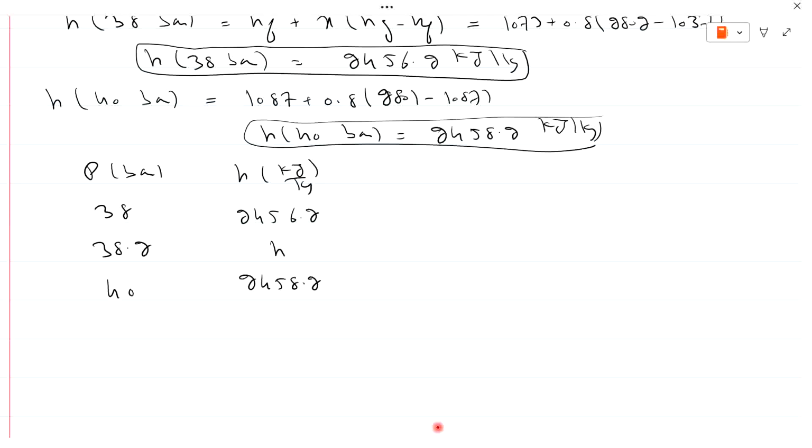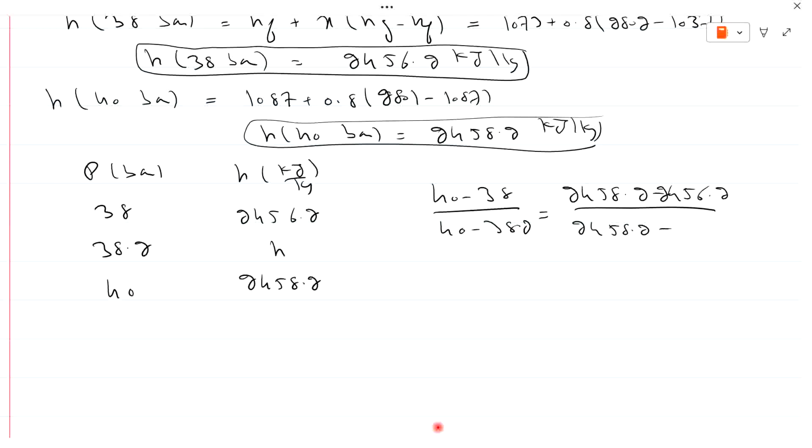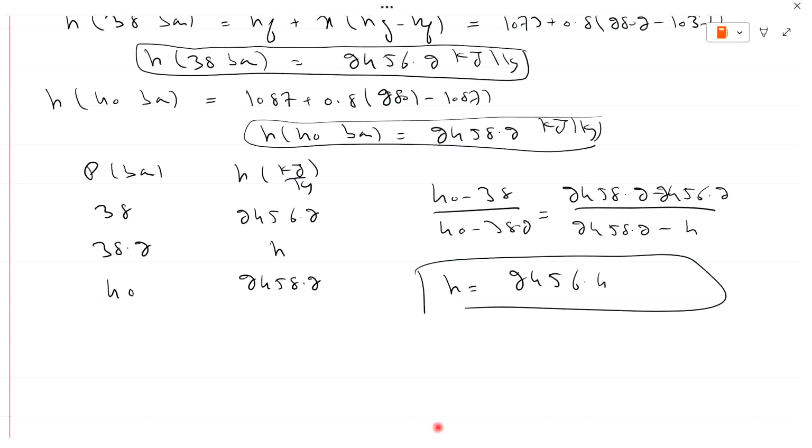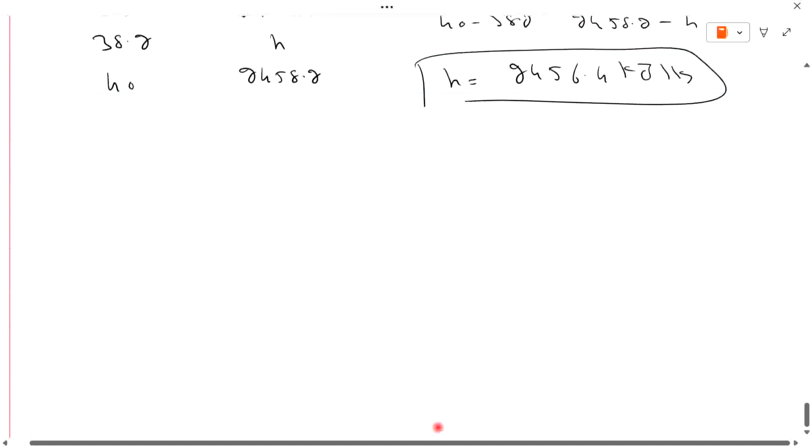So by interpolation, H is equal to 2456.4 kilojoule per kg, and find U by using the formula H minus PV.